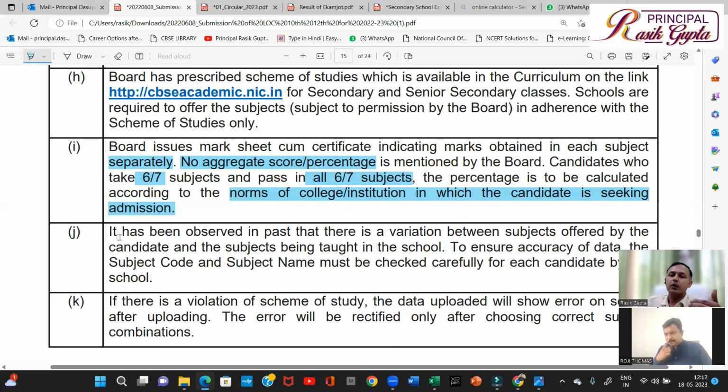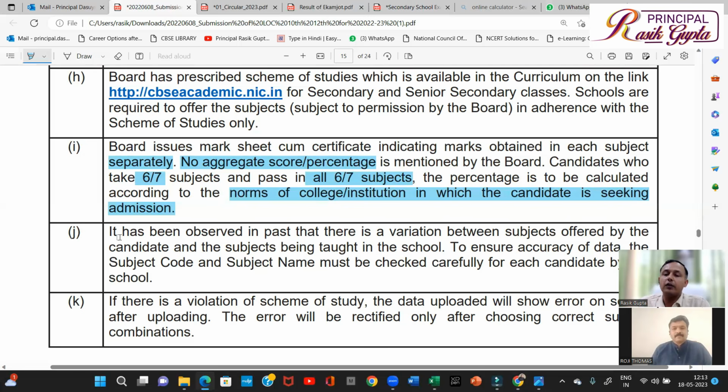So being the host school where the student is seeking admission, I have to maintain uniformity. So I will definitely go for the first 5 subjects, keeping in mind that students have passed in all 5 subjects. Obviously, if a student has failed in one of the first 5, then the situation will change.